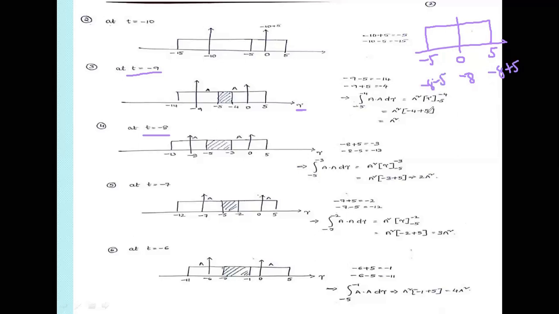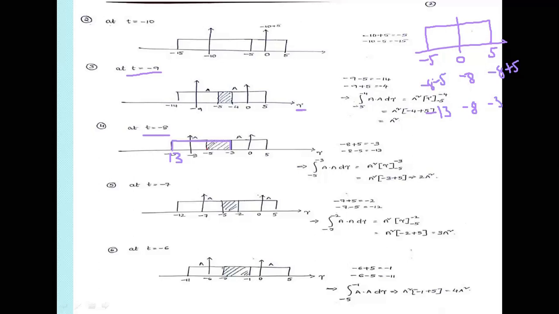So minus 8 minus 5 is minus 13, and minus 8 plus 5 is minus 3. It had been minus 14 and now it is minus 13. Minus 13 to minus 3 is the graph for the shifted value.